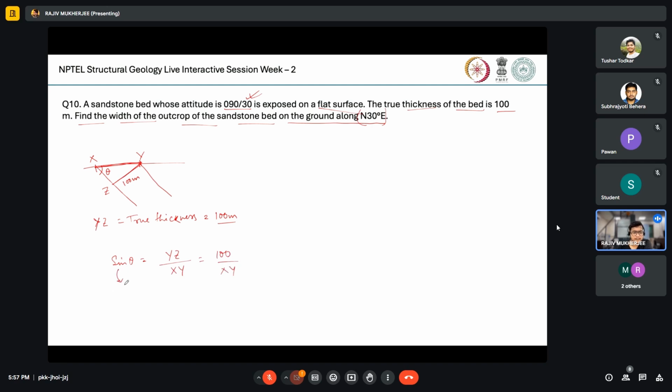Since sine 30 degrees is half, XY will be 200 meters.